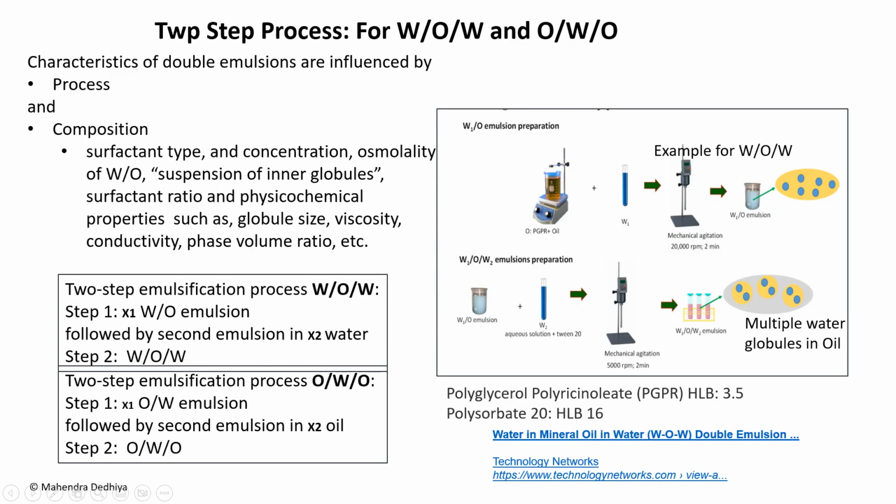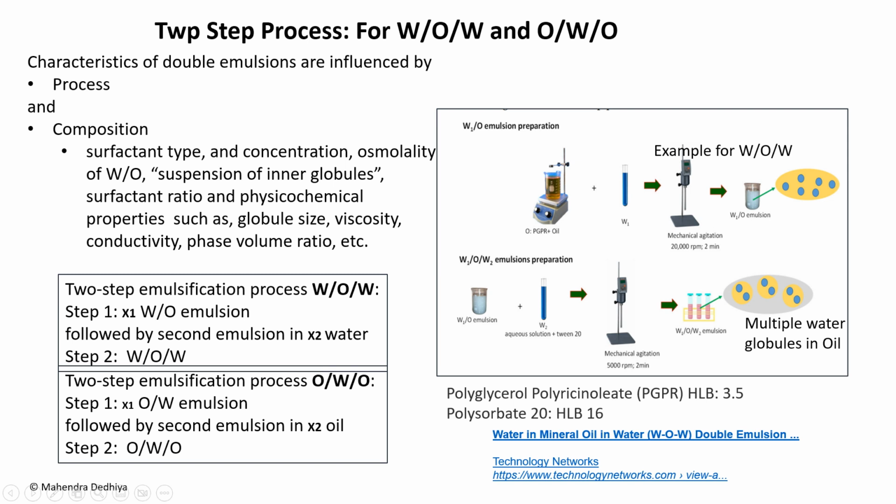There are a couple of ways to make oil, water, and oil, or water, oil, and water double emulsions. The double emulsions are influenced by the process itself and the composition.